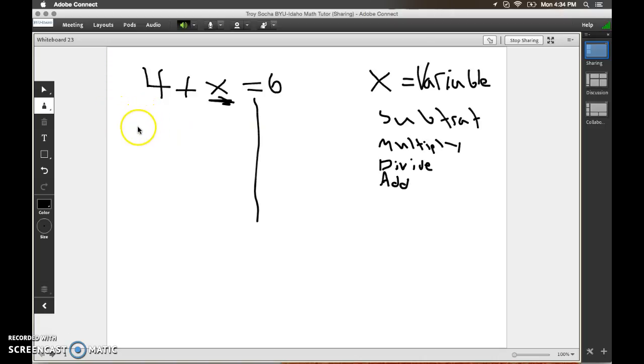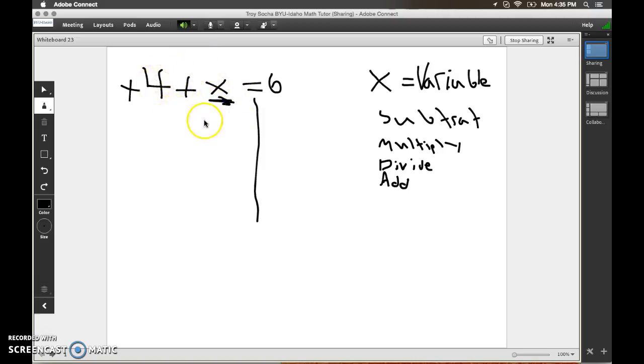So in that spirit of keeping both sides equal, we can add or subtract. Now we have a plus 4 here, plus x equals 6. Now x doesn't have a number in front of it. That's nice. We can imagine a little 1 here, but it's not necessary. So we don't need to worry about the x.